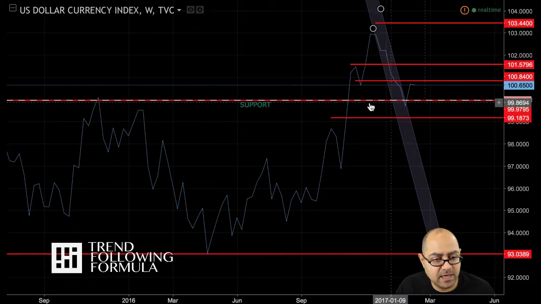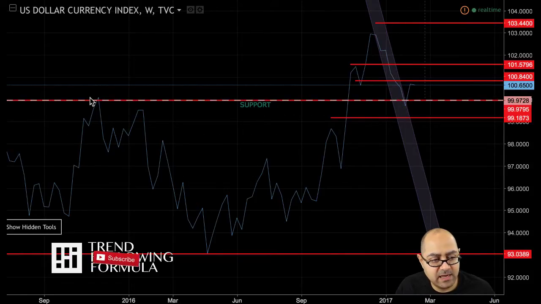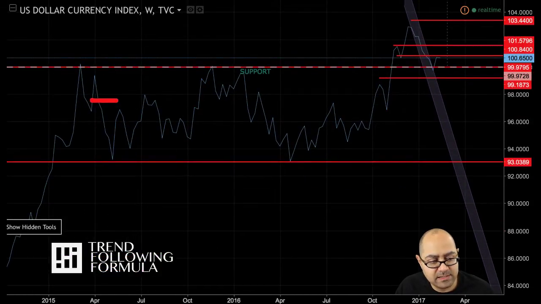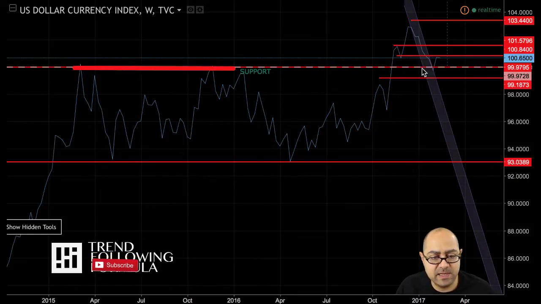That 100 level worked as a resistance for a period on that market, 2 times. Very, very strong resistance, and then it was broken up. Then there is a corrective move here, a pullback to retest that support level.